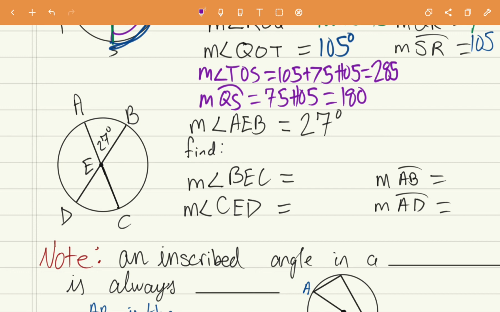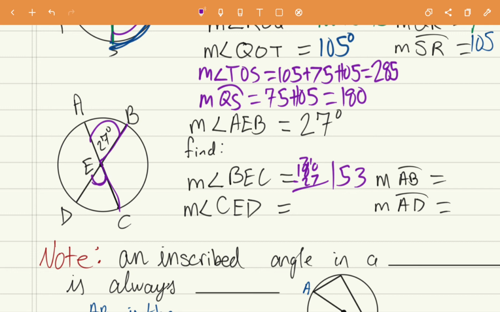Okay. So we know that AEB is 27 degrees. We want to find BEC, so we do 180 minus 27. That gives us 153.